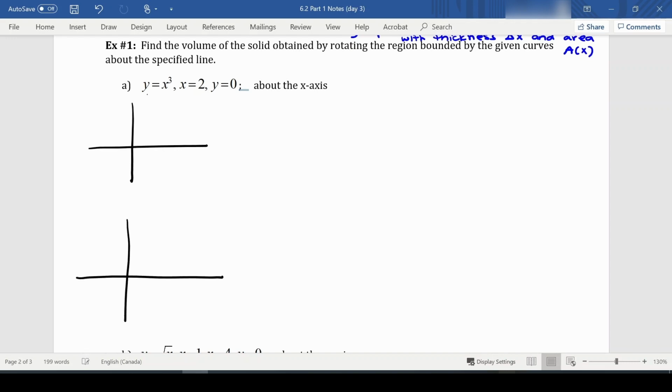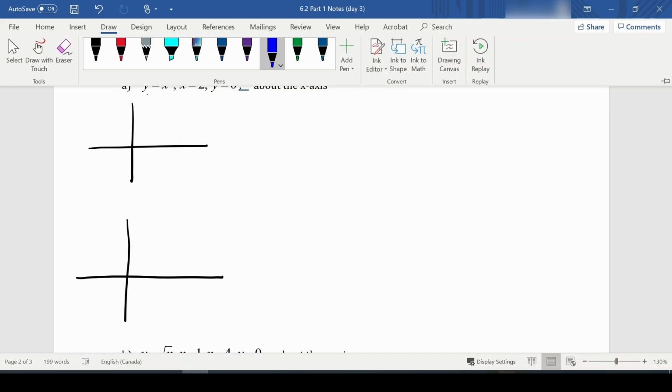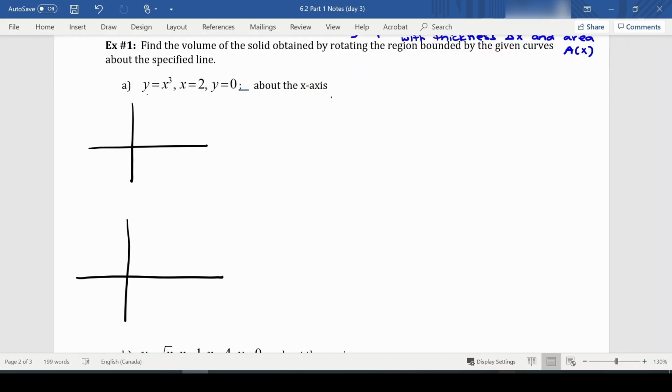These do not need to be perfect. The idea is that it can help you figure out what your radius is going to be. Are you dealing with discs? Are you dealing with washers? And eventually, when you are rotating about axes that are not the x-axis or y-axis, they will help you identify the radius of your multiple functions a little bit easier. It just helps you visualize.